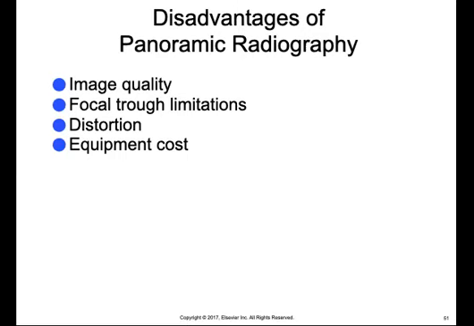Also, there are some focal trough limitations. Objects of interest located outside of the focal trough cannot be seen. If your patient is unable to position their head in the focal trough because of physical limitations, we won't be able to see what's outside of it.